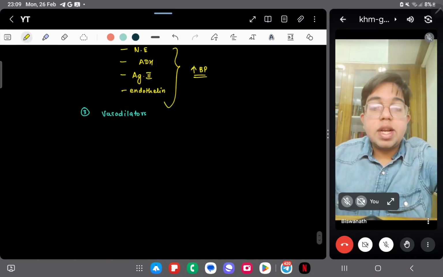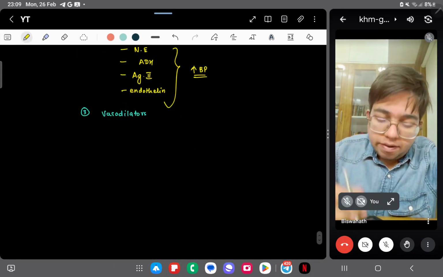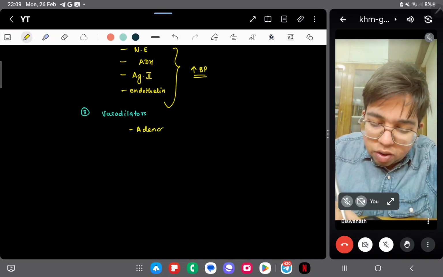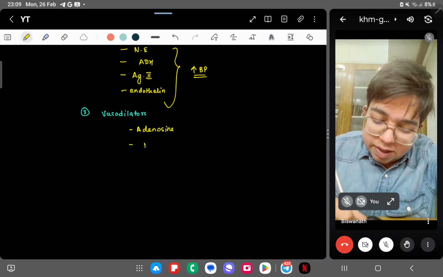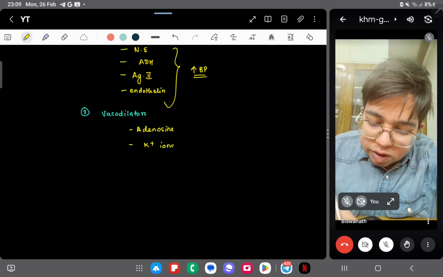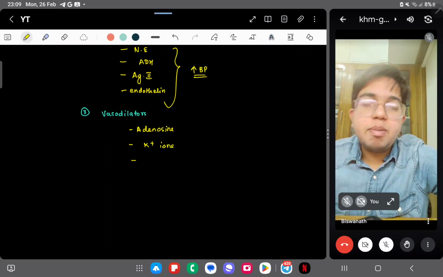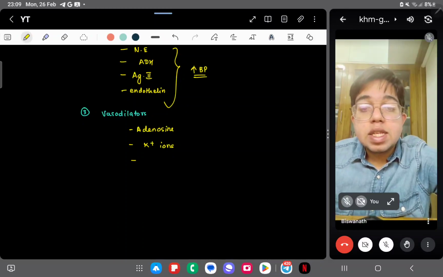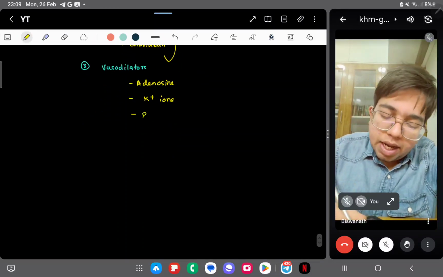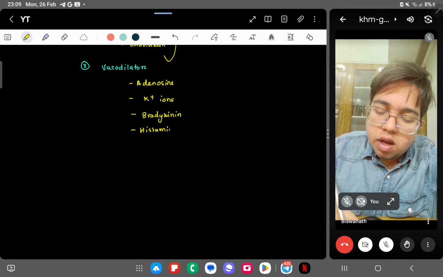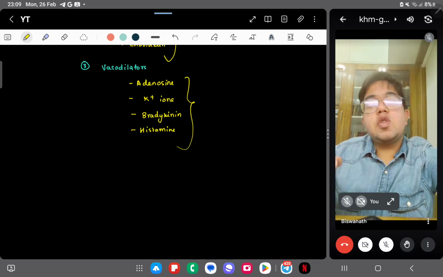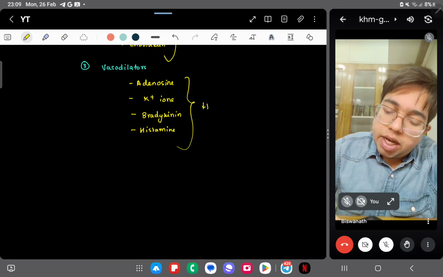In vasodilators, we have adenosine, very important, and K plus ions, and some inflammatory mediators as well, like bradykinin, histamine. This is all vasodilation. Vasodilation means it will decrease the BP.